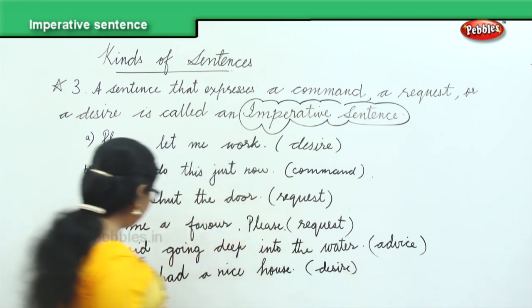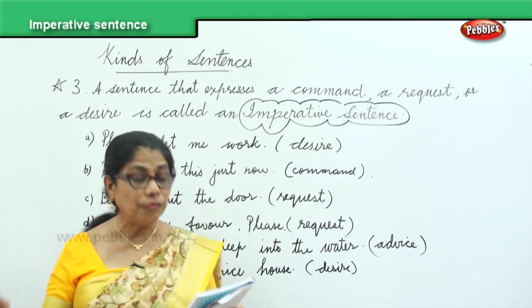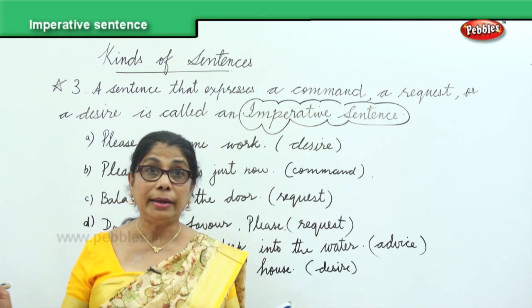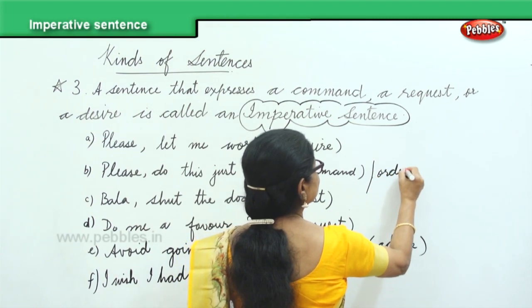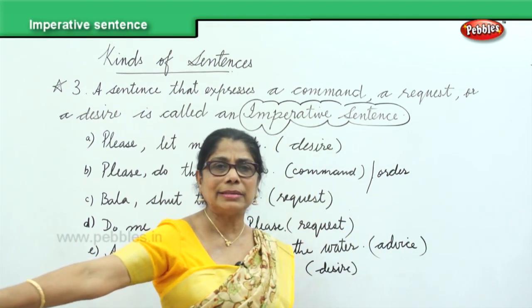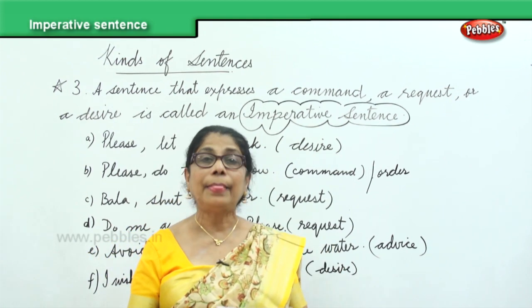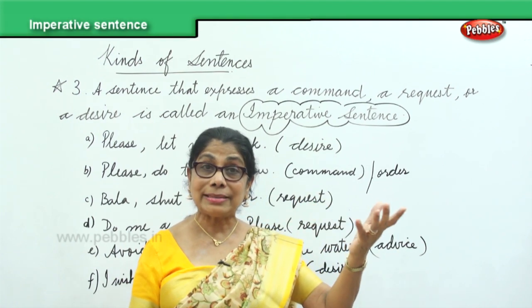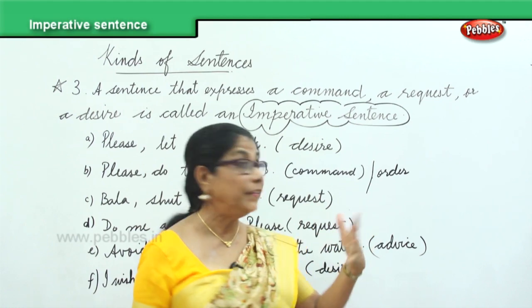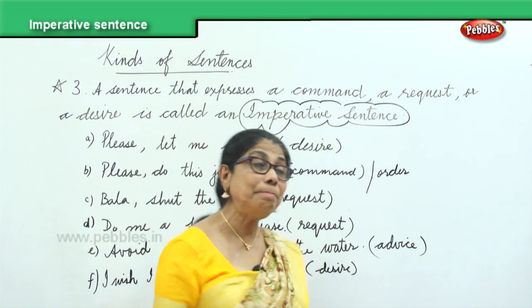So with a wish or a desire, it comes under imperative sentence. And finally, I have: get down from the ladder. Commanding, order. It can be a command or order. Get down from the stairway. Get down from the vehicle. Now, a sentence that expresses command, request, desire, wish, order, all these are imperative sentences.